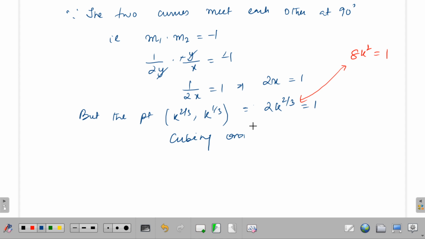If I cube both sides, I get (2k^(2/3))³ = 1³. So 2³ is 8, the 3 and 3 will cancel, that will be k², and 1³ is 1. So hence proved. That is how question 23 is to be done. Alright, so you can check slowly and then try steadily.